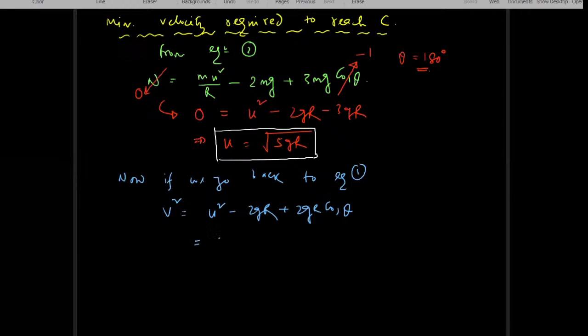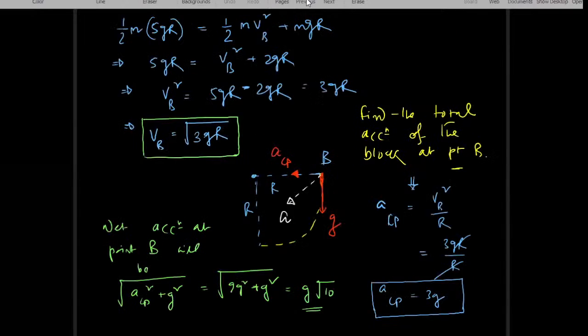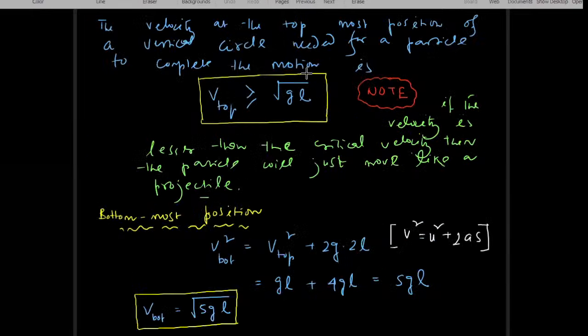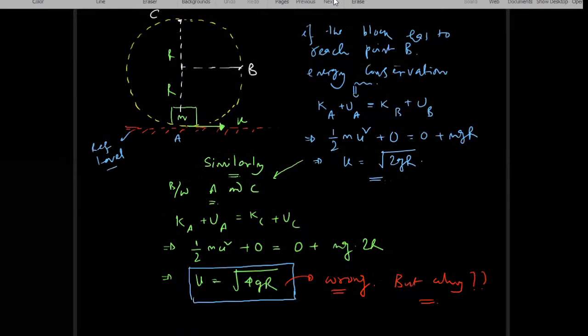So u square means how much you got? 5gr minus 2gr. Cos theta is -1 here also, so minus 2gr. How much you got? gr, no? So velocity at point C, how much you are getting? Root under gr. फिर चेक कर. C, root under gr. Correct? Okay, very good.